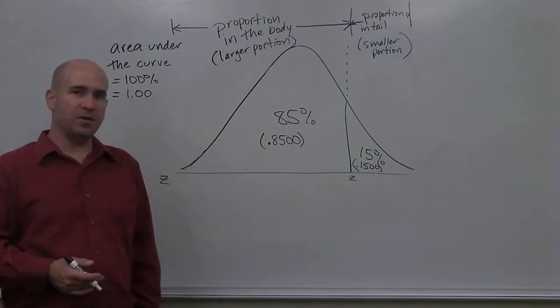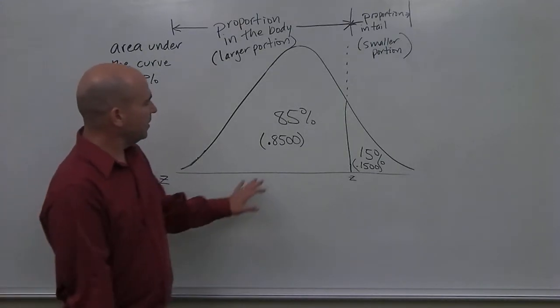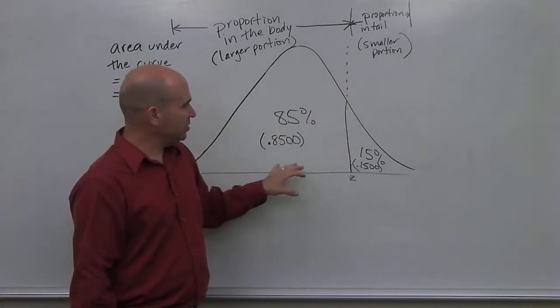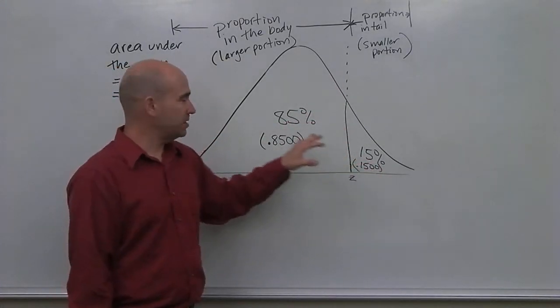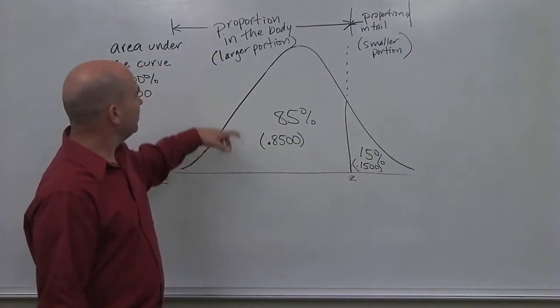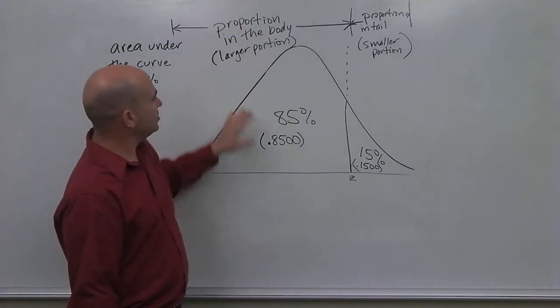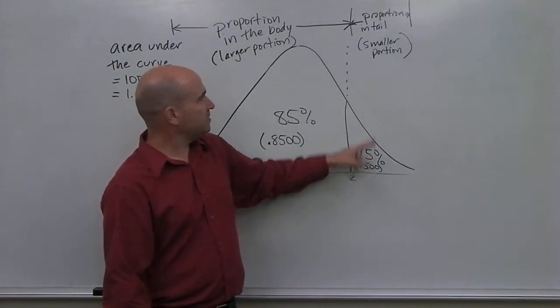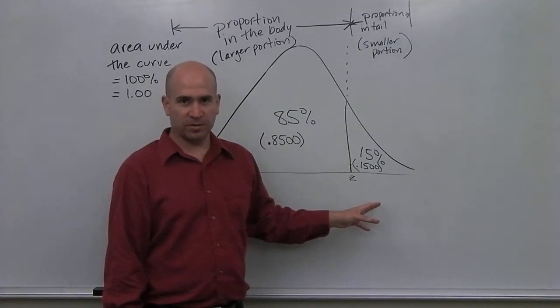Now you're going to have problems where you will have to divide up your distribution into different pieces, such as 85% and 15%. To do that, you need to be aware of the proportion in the body, that's the larger proportion, and the proportion in the tail is the smaller proportion.